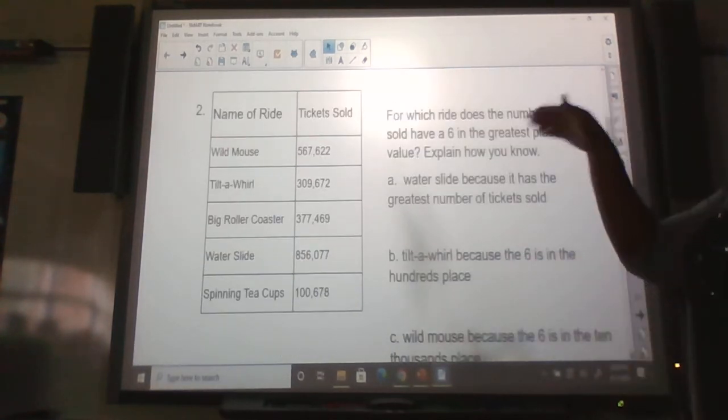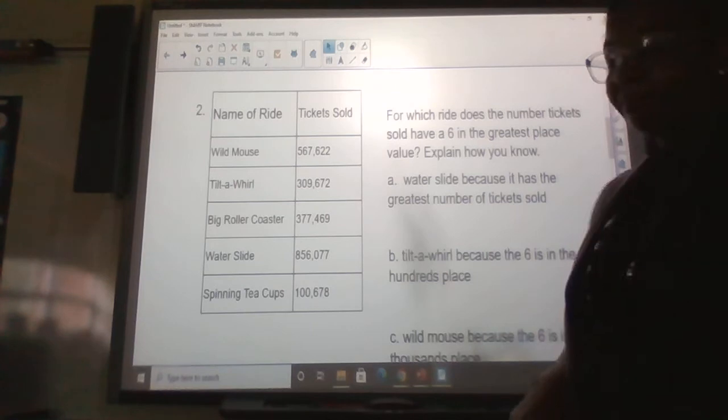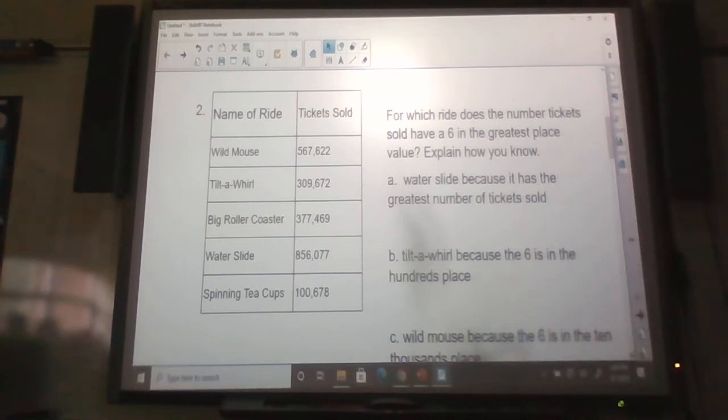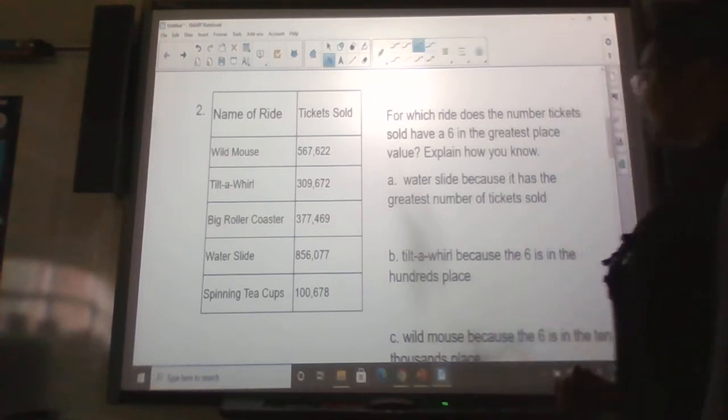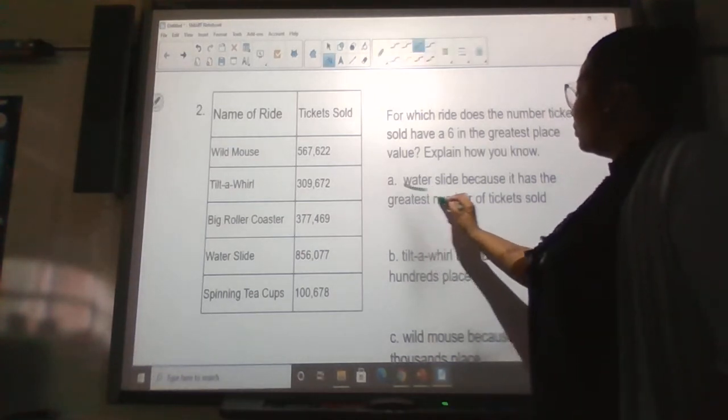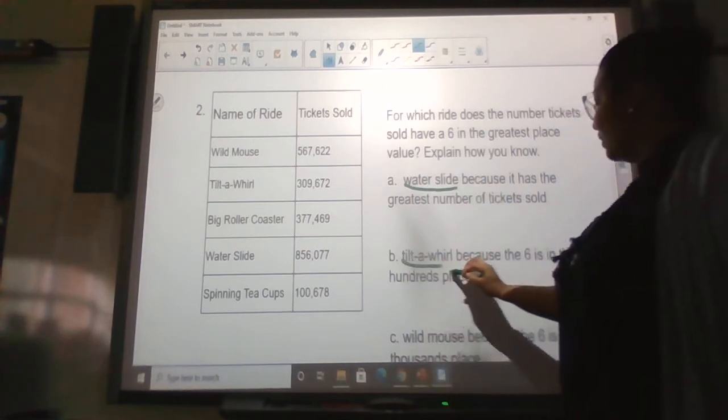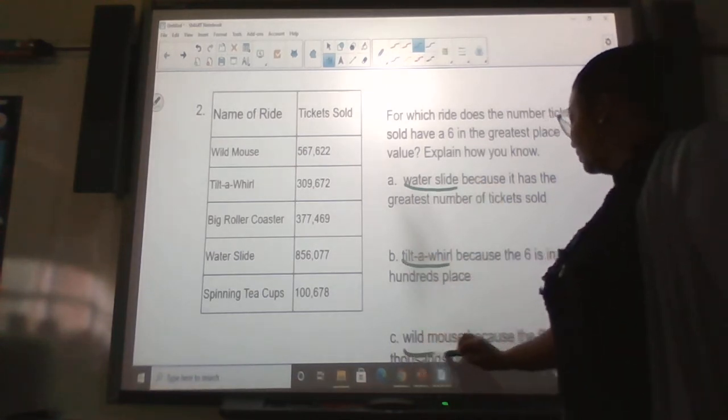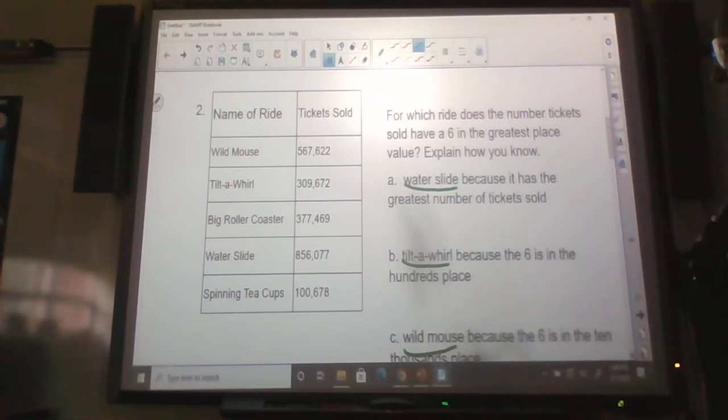Boys and girls, we are using the same chart. In this one, it says, for which ride does the number of tickets sold have a 6 in the greatest place value? Explain how you know. So I know that I'm going to use the numbers for water slide, tilt-a-whirl, and wild mouse.